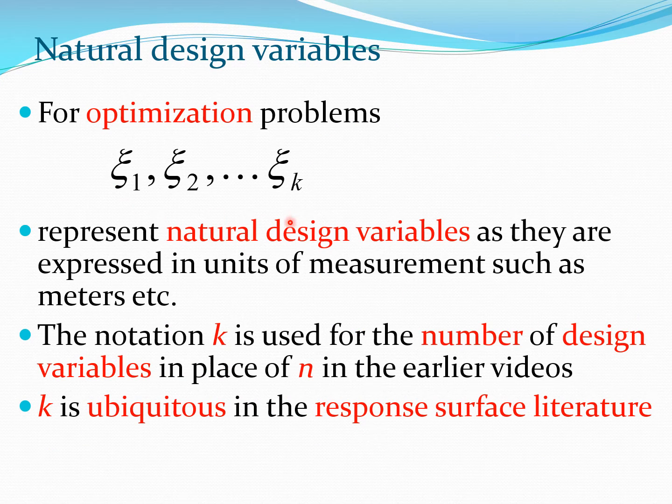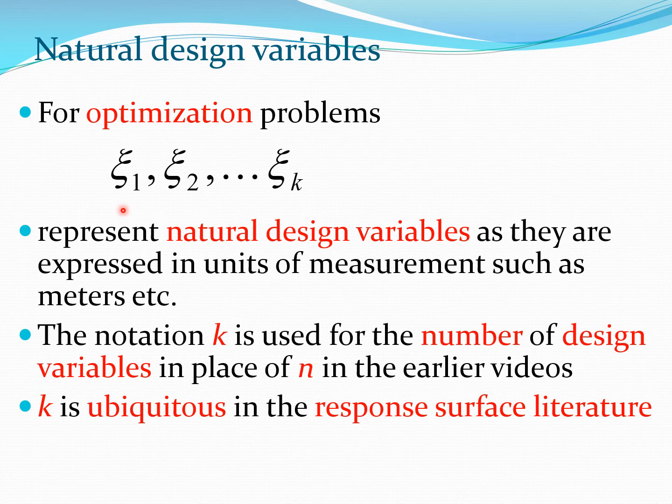So these particular variables are known as natural design variables, and they are often used in terms of measurement with actual units such as meters, etc. So for example, we could have the height of k people here, and then these would be natural design variables.